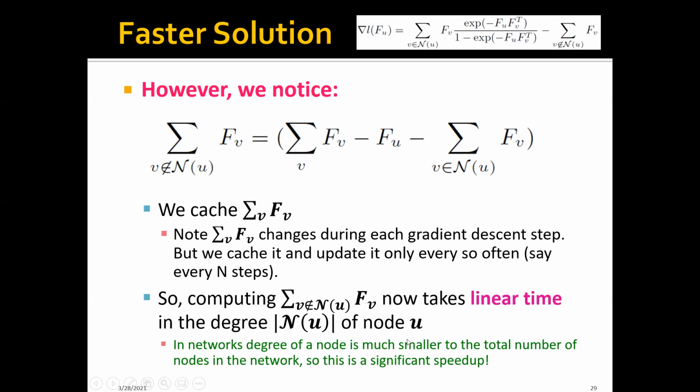So basically computing this second term now takes linear time, linear in the degree of node U. And note that in networks, the degree of a node is much smaller than the total number of nodes in the network. So this is actually a significant speed up.